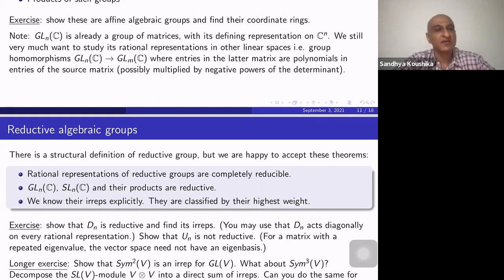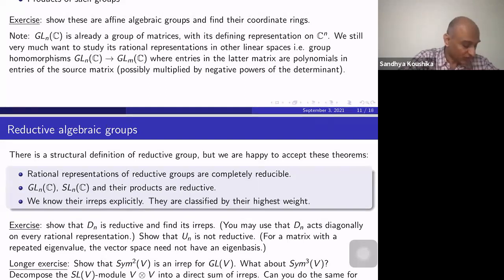I start with the God-given representation, which is the defining representation: GLN acting on the n-dimensional space by matrix multiplication. Or if you want to think in terms of homomorphisms, this is just the identity homomorphism from GLN to itself. Now I can bring my full multilinear toolkit to bear on this and take symmetric powers, tensor powers, exterior powers of this, if you know what they are, and then ask the question, what will happen?